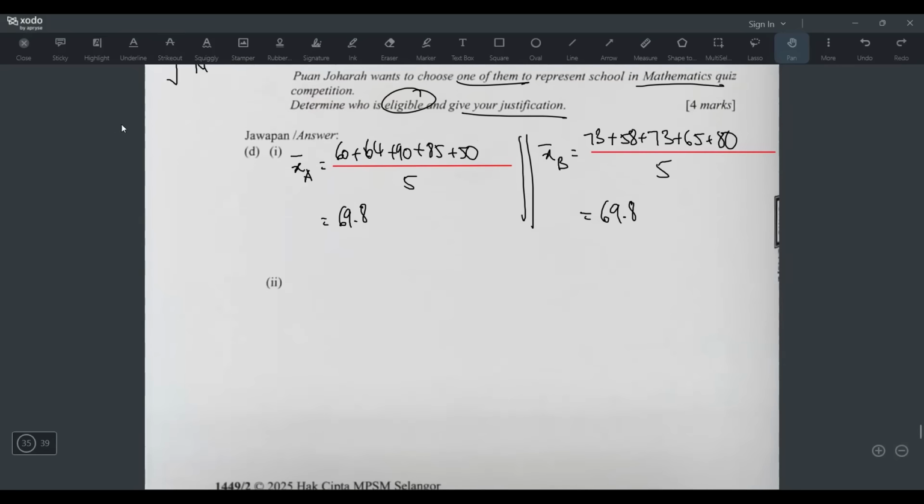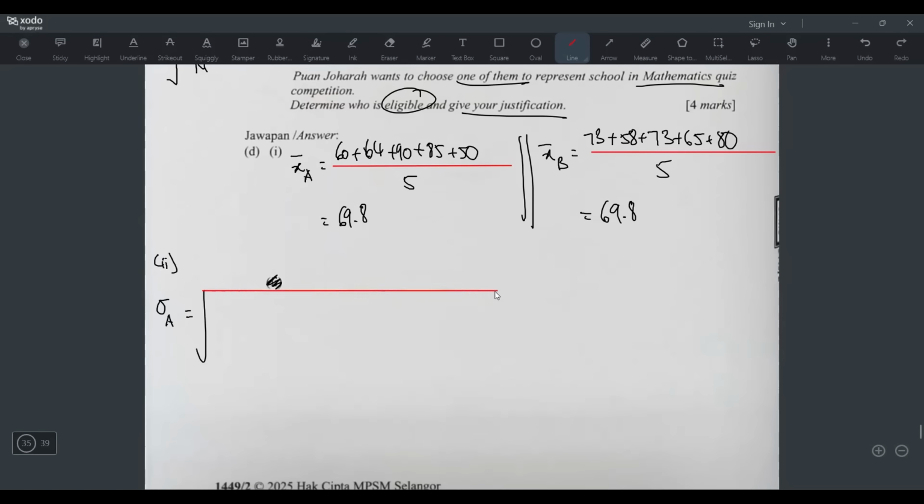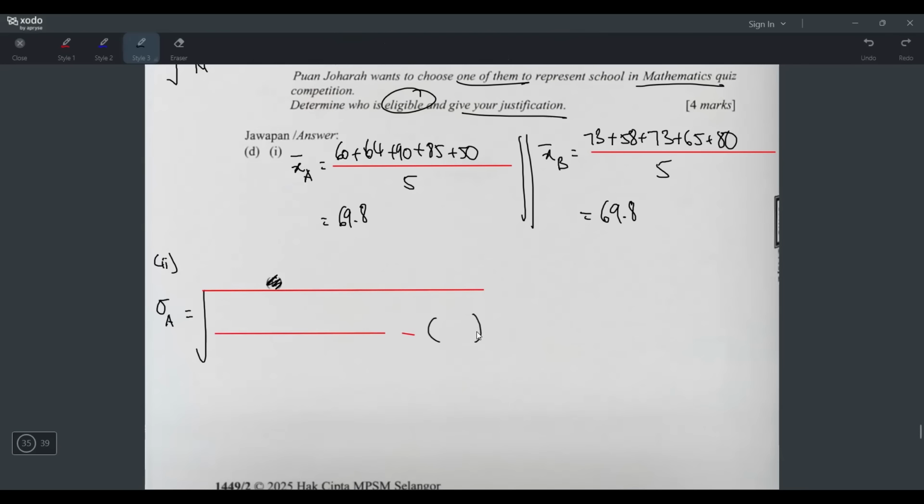Okay, so I will do it here. Find the standard deviation of Adrian. Okay, so let's start now. I'll do it at the side here. Standard deviation of Adrian. First step is draw the square root, and then draw a long line, so it'll be like this, and then minus mean square.